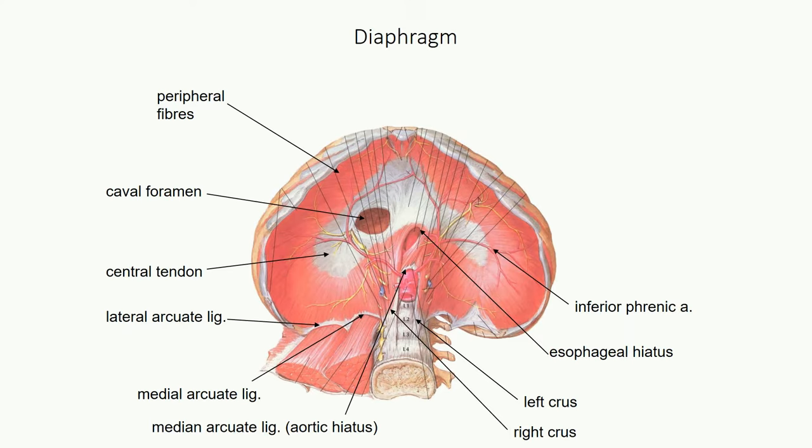The inferior phrenic veins are then going to drain the area into the inferior vena cava just before it passes through the caval foramen. And then the inferior surface, we can also see some piercing branches of the phrenic nerve that will go through, and as we talked about, these are branches from C3, 4, and 5 to keep the diaphragm alive.